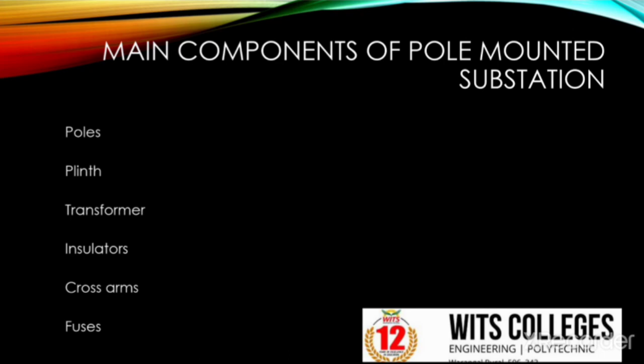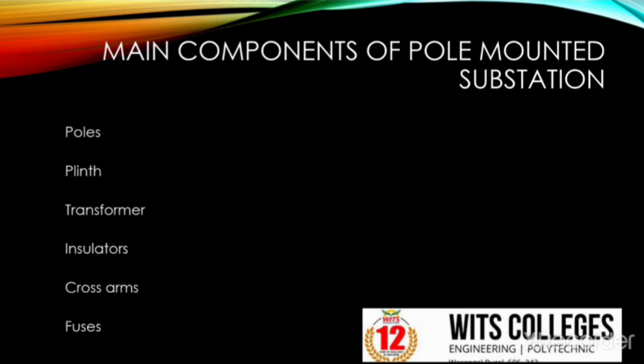In a pole mounted substation the transformer is erected on mild steel channel of H type. H type means a 4-pole structure. Poles can be used in pole mounted or plinth mounted substations.